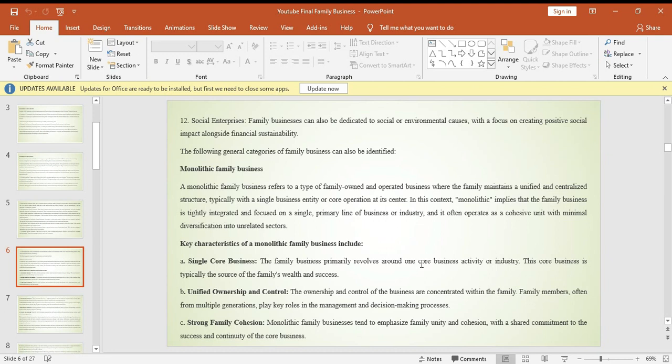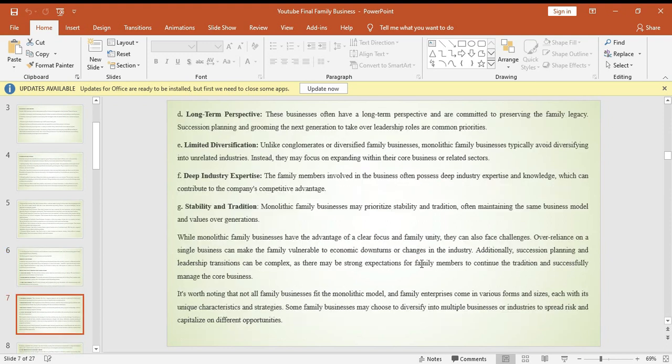B. Unified ownership and control. The ownership and control of the business are concentrated within the family. Family members, often from multiple generations, play key roles in the management and decision making processes.